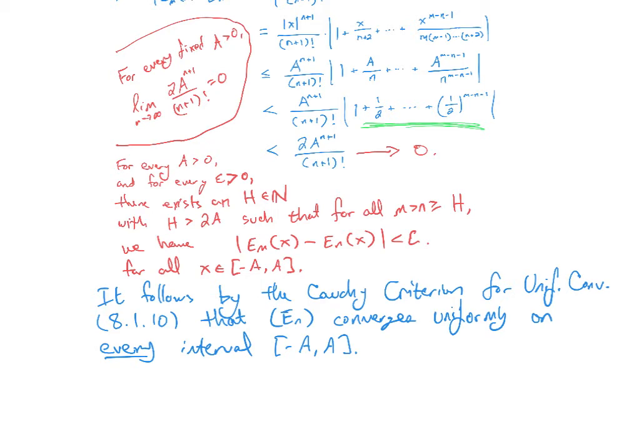If you think back to regular sequences, the big advantage of the Cauchy criterion then was that it guaranteed that there was a limit. In the functional context, the same thing is true. If you satisfy the Cauchy criterion, there is a limit that you do converge to uniformly.